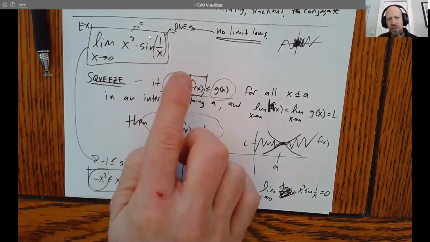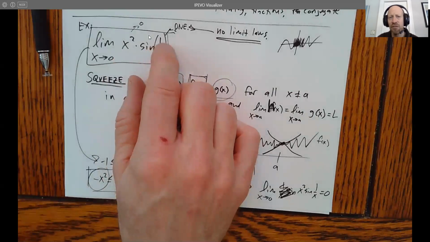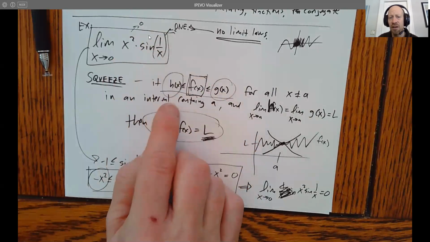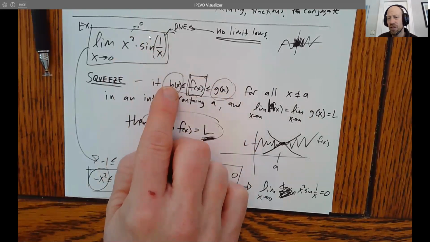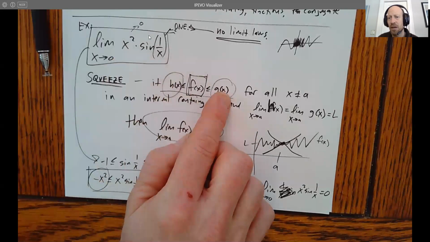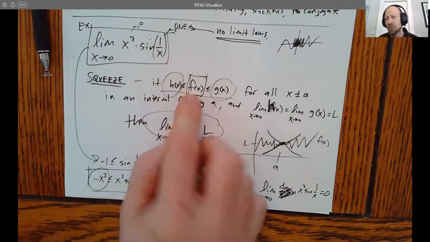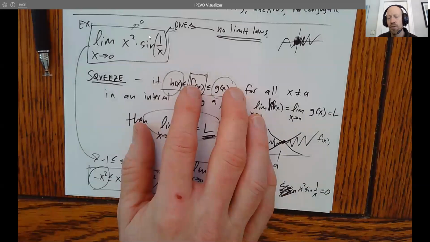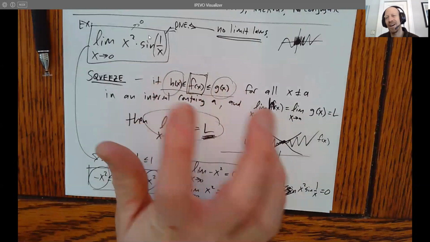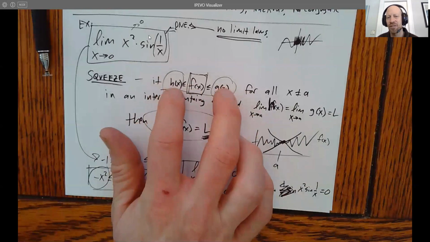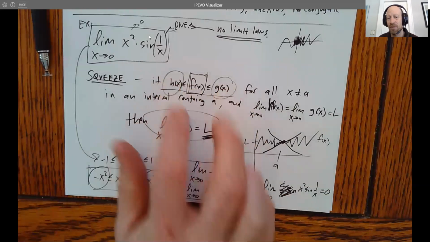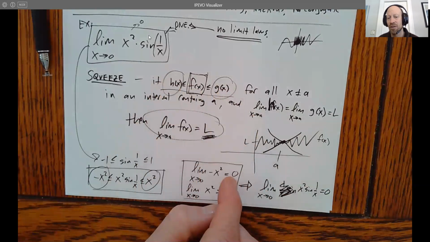But another strategy is I can give you a complicated function and say, here's a function that's less than it, and here's a function that's bigger than it. What's the limit as that function goes to 2? Then you would say, okay, I've already got the bounding functions. Let's just show that those limits both go to the same value.